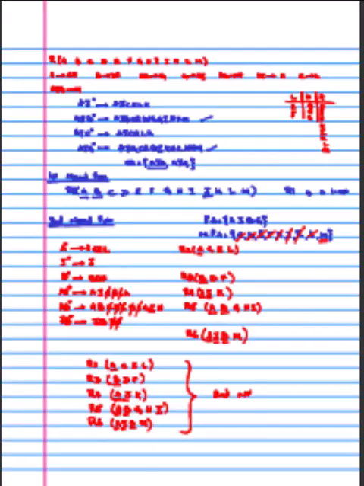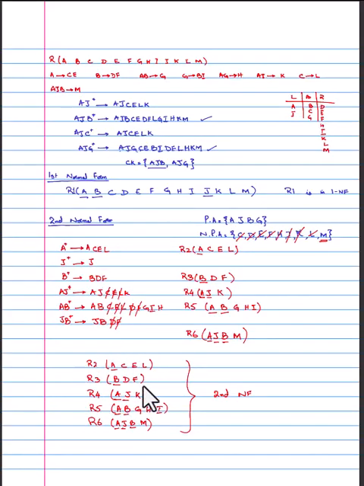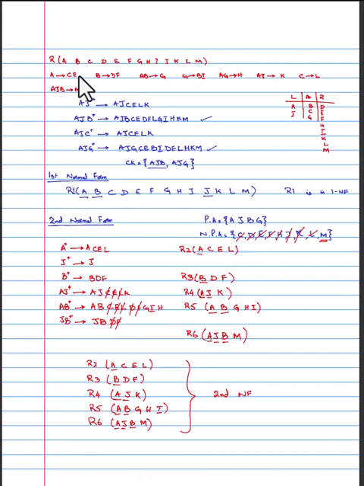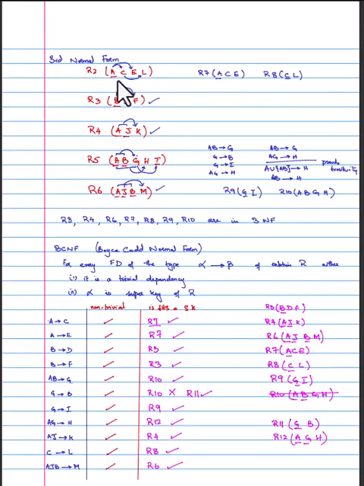Now see, is this scenario in the third normal form or not? Obviously it is not in third normal form because there are a lot of transitive dependencies. See next page. These are the relations. A identifies C and C identifies L. A identifies CE and C identifies L. This means there is a transitive dependency.